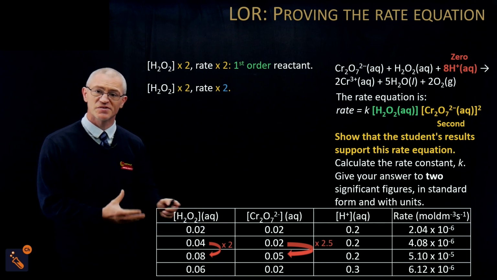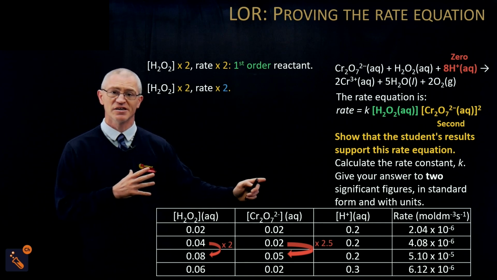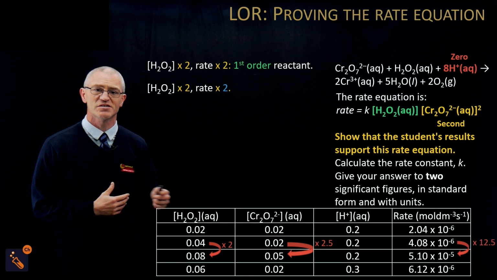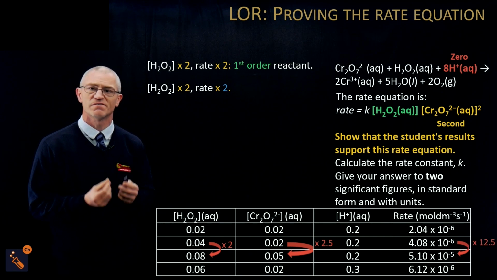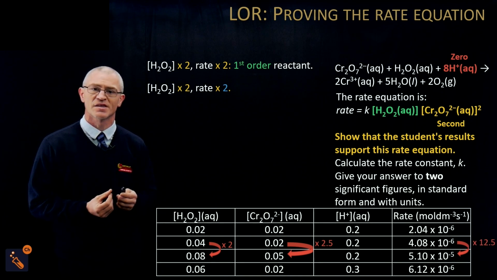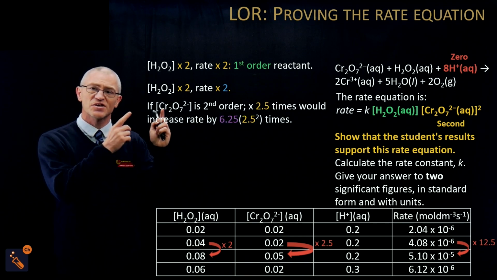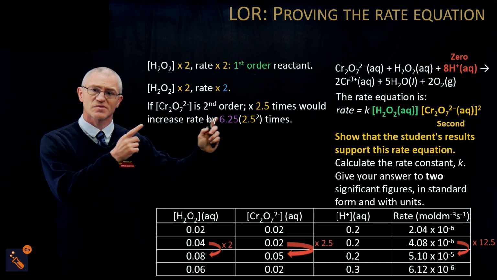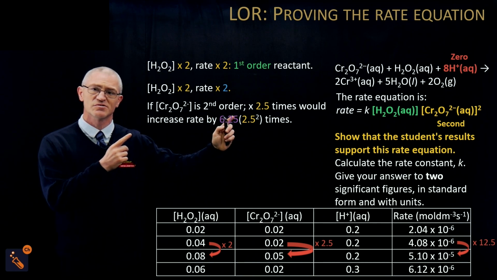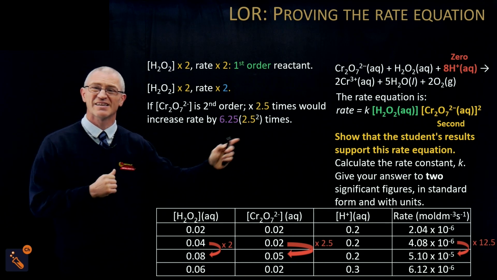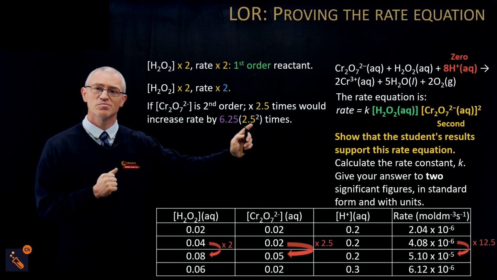As I said, H2O2 is times 2 and the rate is times 2, so that's what we would expect. At this point, hopefully you're putting the numbers in and you've got your calculator and you're looking at the rate at the bottom. You're seeing how much that rate is increased by. Well, it's increased by 12.5 times. Let's have a look at that in a little bit more detail. If the chromate is second order, times 2.5 would increase the rate by 6.25 times. And that 6.25 is 2.5 squared.